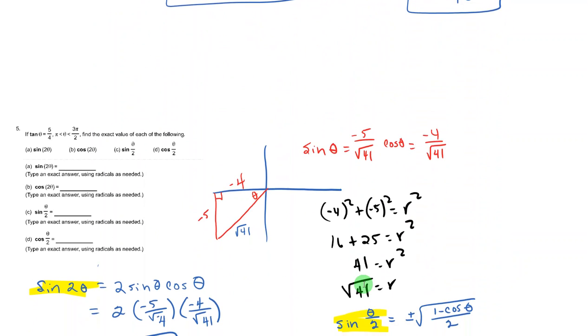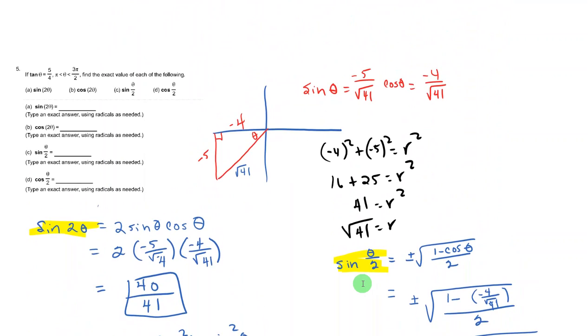Okay? All right. If tan theta is 5 over 4 and theta falls between pi and 3 pi over 2. So we've got tan and we're in a different quadrant. We are in the third quadrant. So we draw it, come out from the origin, drop our perpendicular to the x-axis, and we're back here. Now, we are given that tan is 5 over 4. Tan is opposite over adjacent.